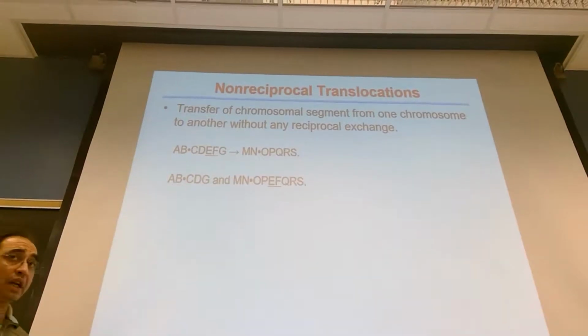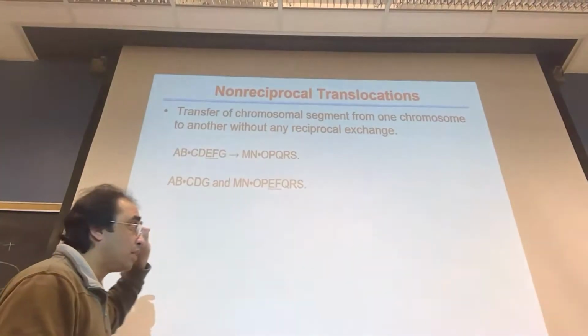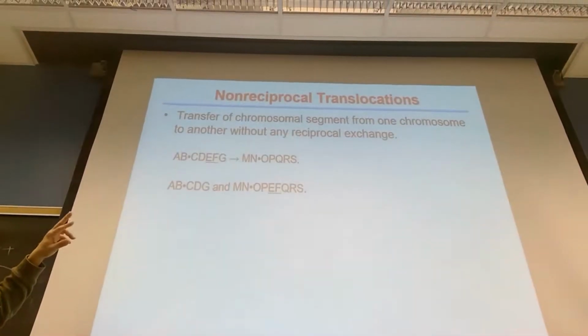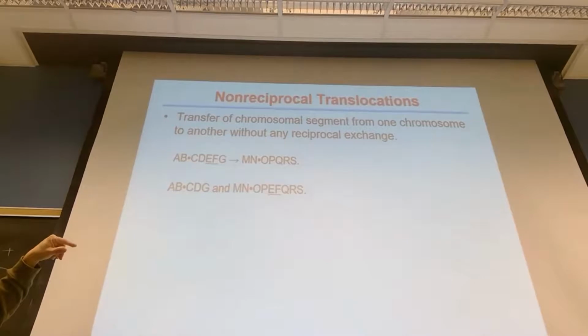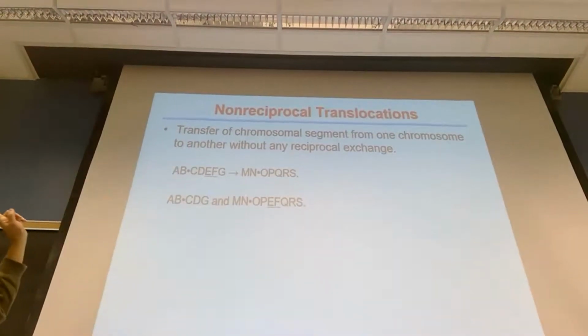We can denote the chromosomes like this also. This is another way to denote the chromosome, particularly for this kind of patterns, that is inversion, deletion, duplication. So the dot means the centromere, and those are the genes.